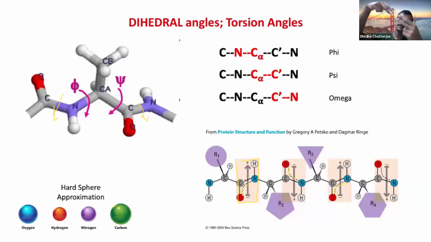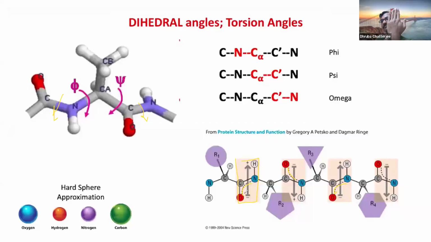See, if you have a single bond, you can rotate very easily. But if you have a double bond, your rotation is immensely constrained. You can't rotate. If you rotate, then this double bond is not possible. So because of the partial double bond nature of this peptide bond, its rotation is highly restricted.